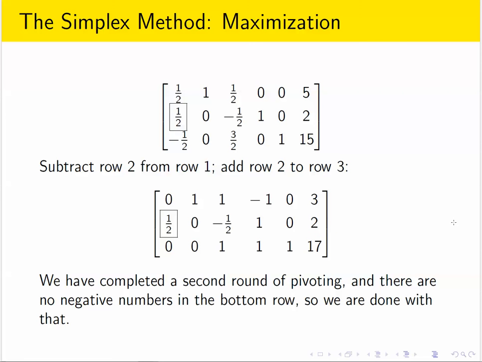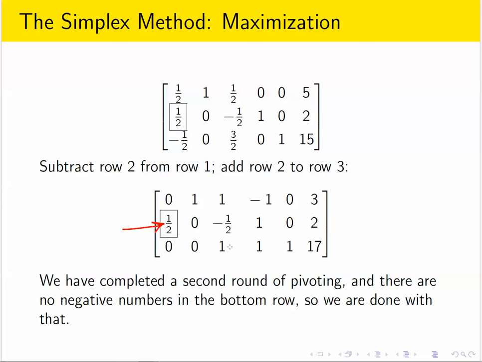Finally, we could change this pivot into a 1, but we can see there's not really going to be much need to do that, because after this round of pivoting, we don't have any negative numbers left in the bottom row. So there probably is not going to be a need to change that into a 1.